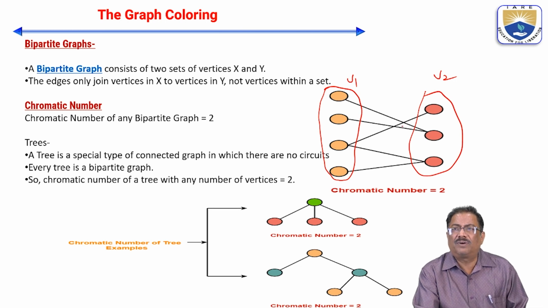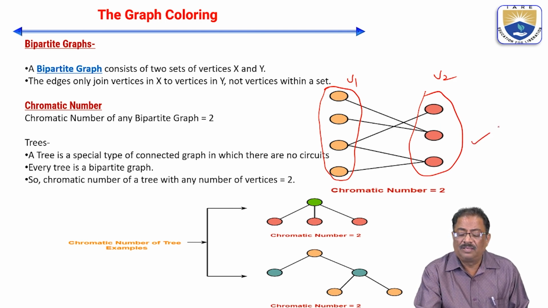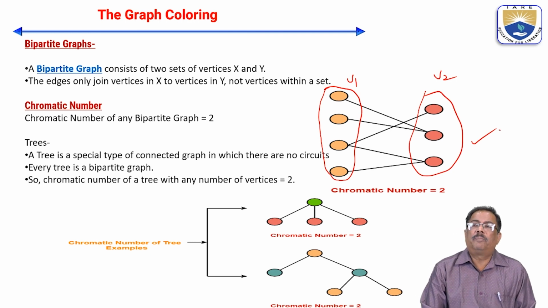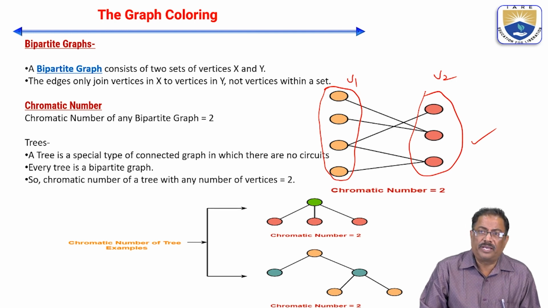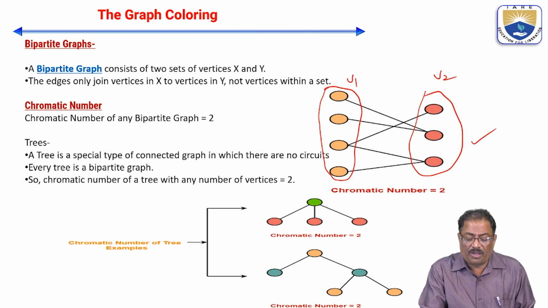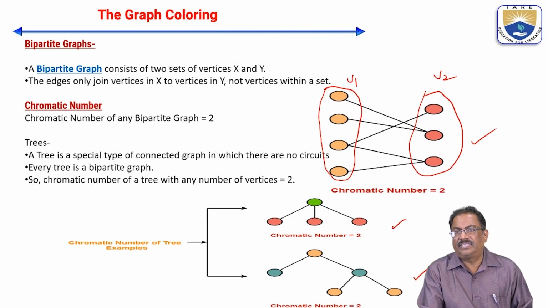So, whatever vertices are in V1, we can assign 1 color, and whatever vertices are in V2, we can assign another color. So any bipartite graph has chromatic number 2. Okay. Then, suppose I consider any tree, and here for trees also the chromatic number is only 2.